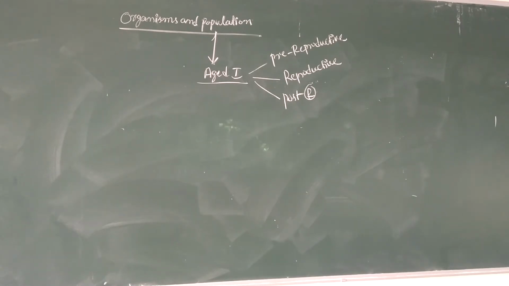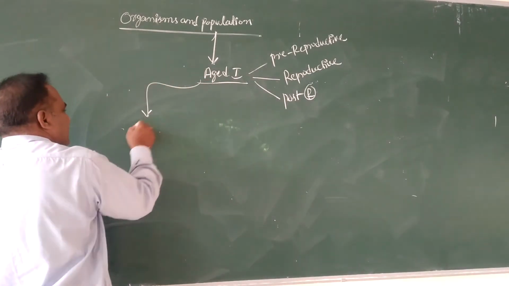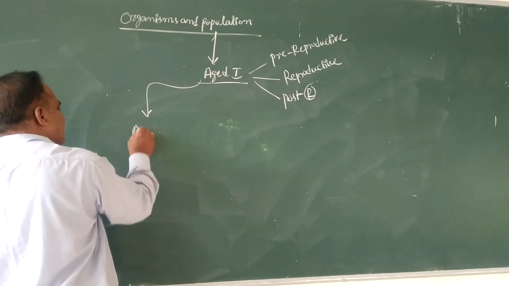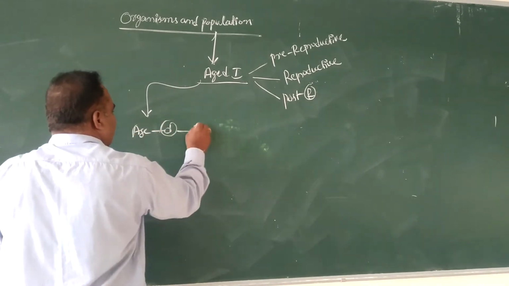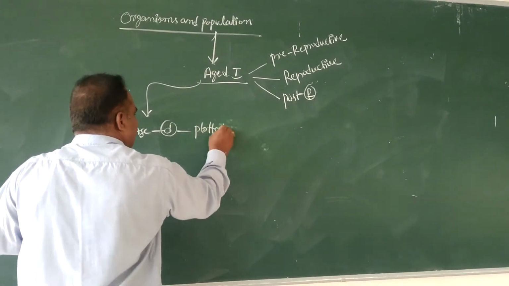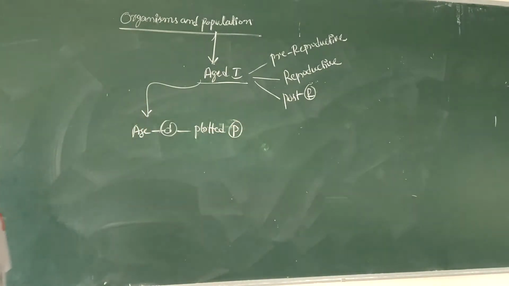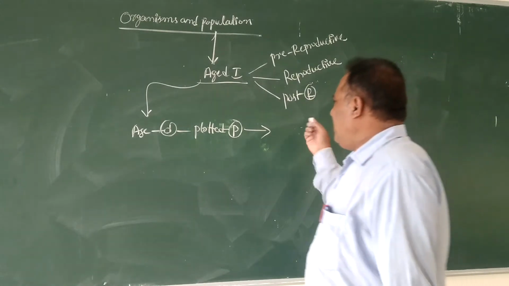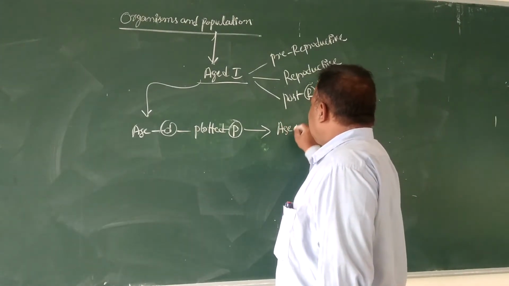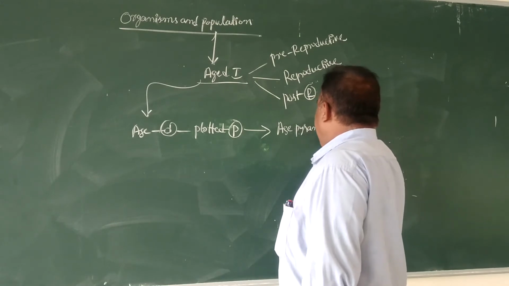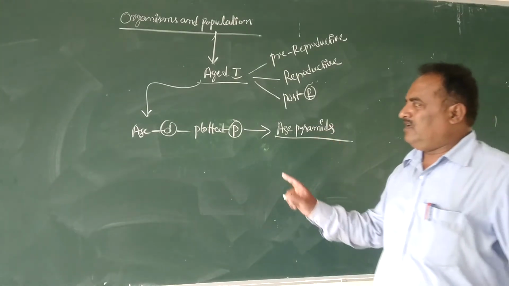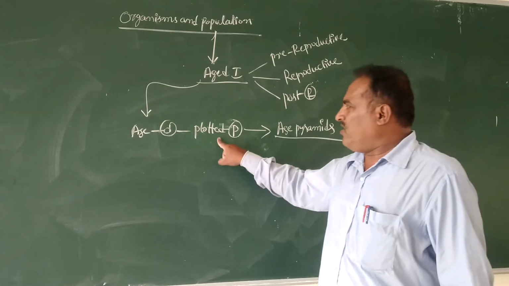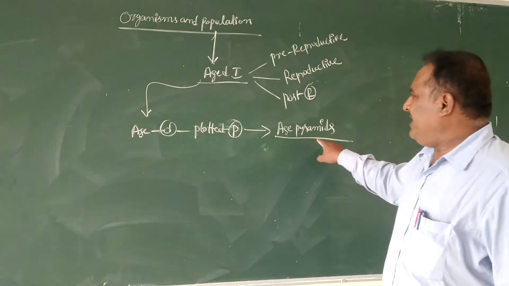The age distribution is plotted in a population, and it results in age pyramids.